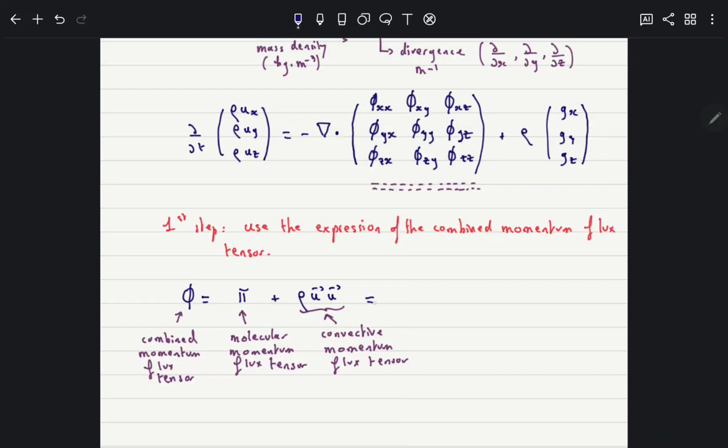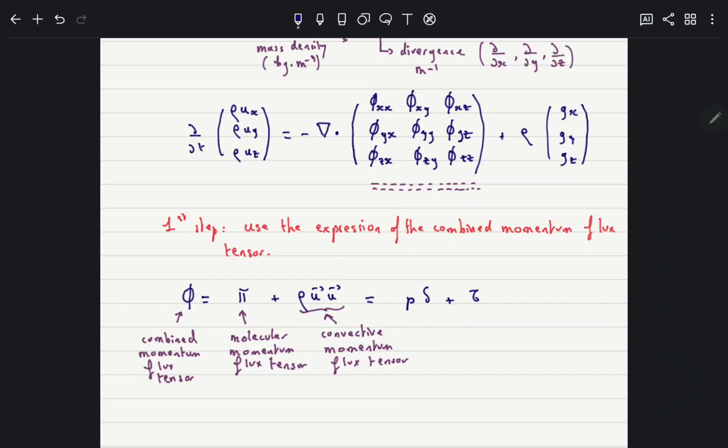Then we've seen, actually in the previous chapter when we talked about Newton's law of viscosity, the generalization of Newton's law of viscosity, that the molecular momentum flux tensor itself can be subdivided into two contributions. Pi equals P delta, where P delta will actually represent the thermodynamic pressure forces, plus tau.